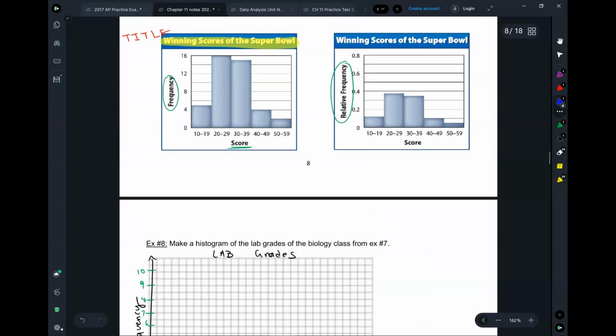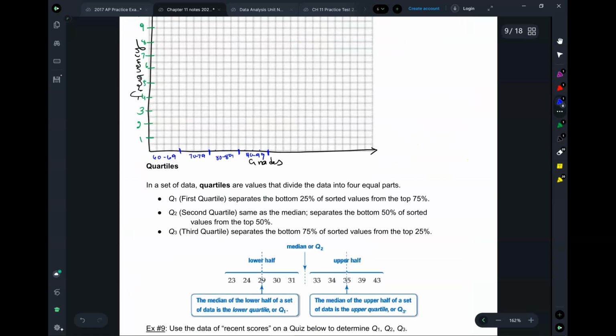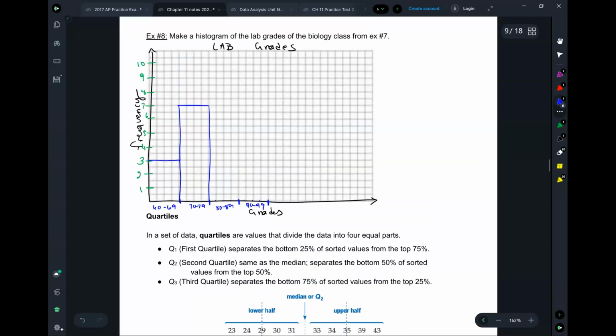So I have, what were they? 3, 7, 9, 5. So first I go up to 3. Then 7. Then 9. Then 5. Okay, there we go.